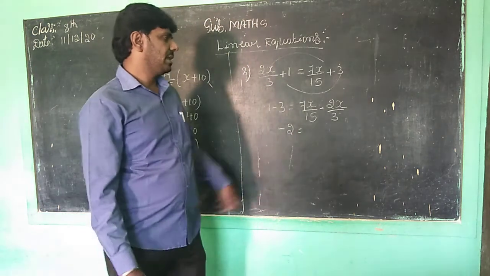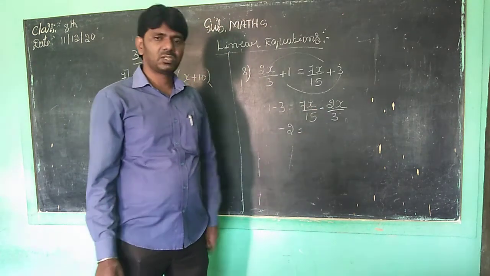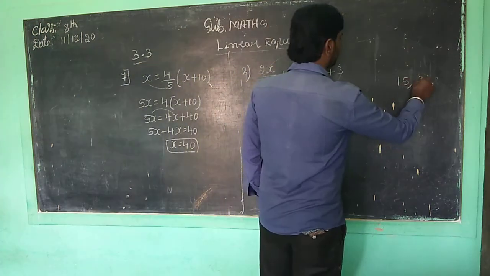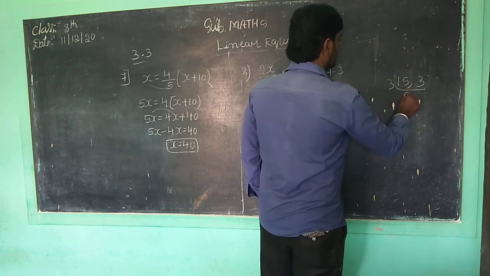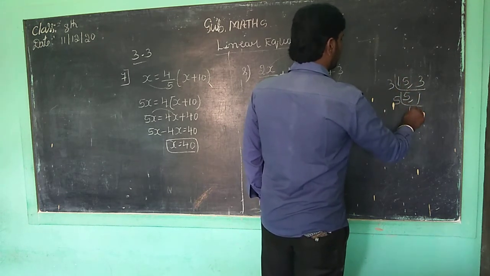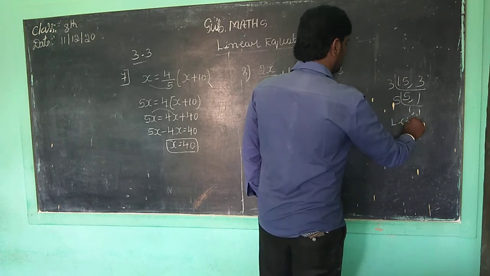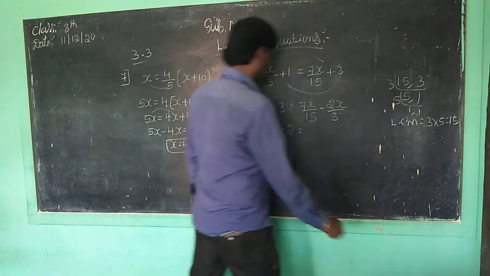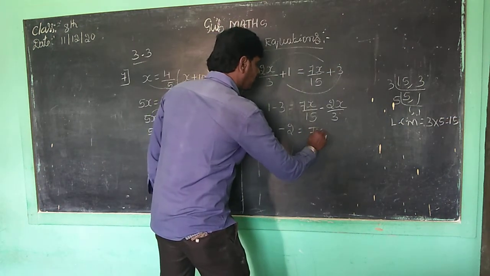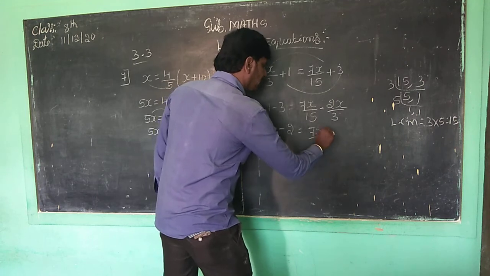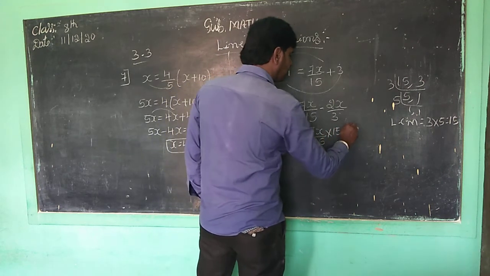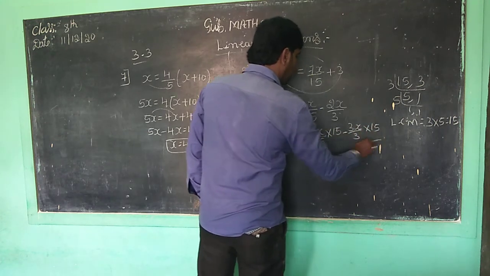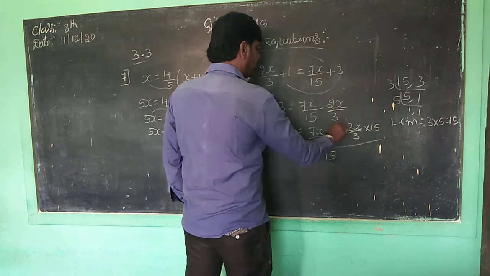See, children, here 7x by 15 minus 2x by 3. You want to take LCM. 15 comma 3 LCM is 15. So LCM is equal to 3 into 5 is equal to 15. 7x by 15 into 15 minus 3x by 3 into 15. 15 cancel.